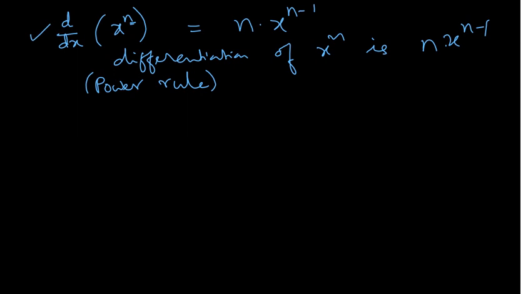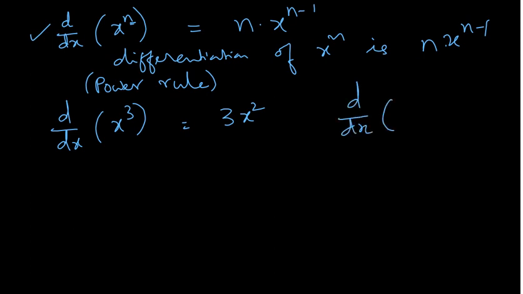So I would be asking a question: differentiation of x cube. How much? 3 into x square, right? Good. Differentiation of x to the power of 1 is 1 into x raised to 0.